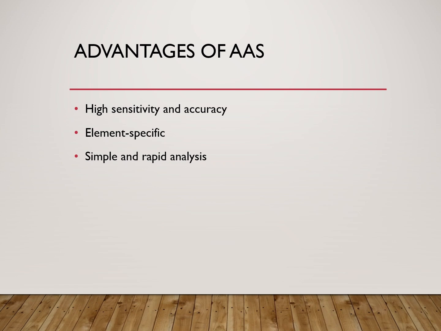Atomic absorption spectroscopy offers high sensitivity, good accuracy and excellent selectivity. It is relatively simple to operate and requires less sample preparation compared to many other techniques. So it is a very high sensitivity technique and it gives accurate results. It is element specific, as already discussed: whichever element is analyzed, the radiation source will be of that element.